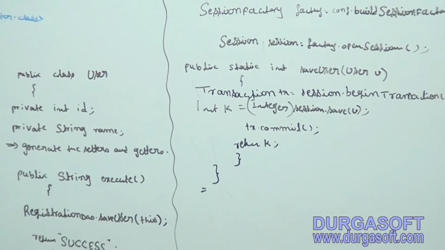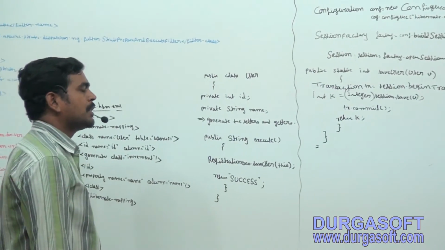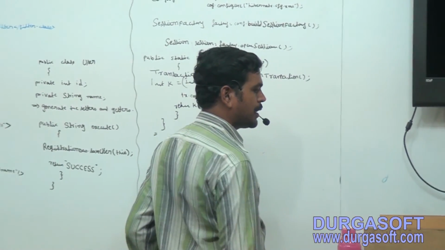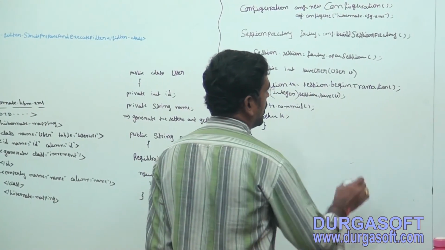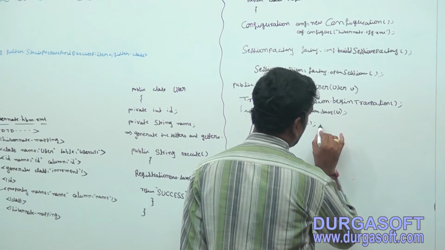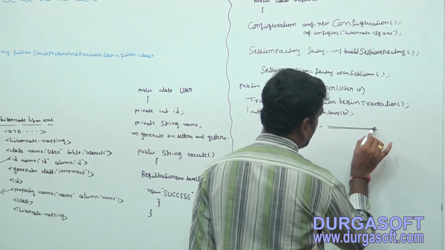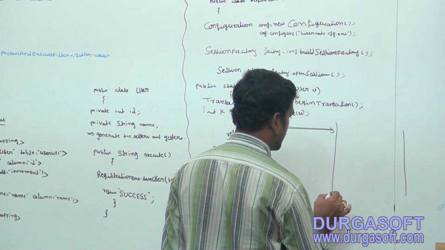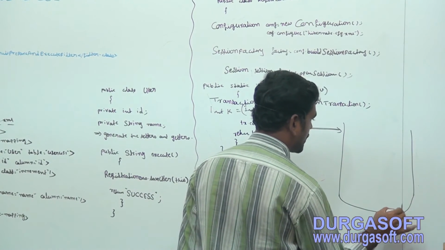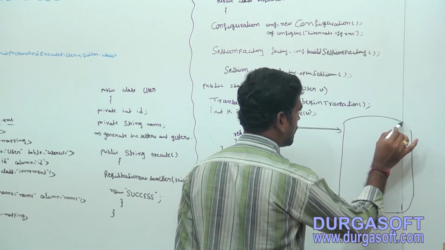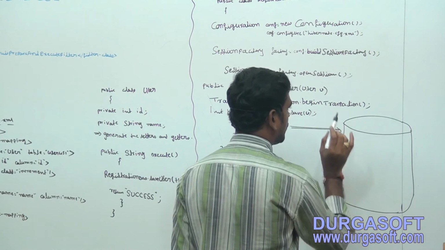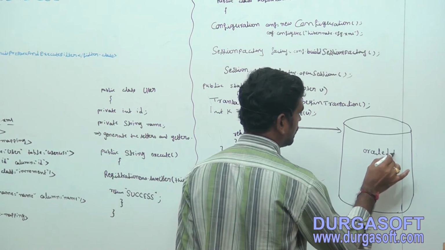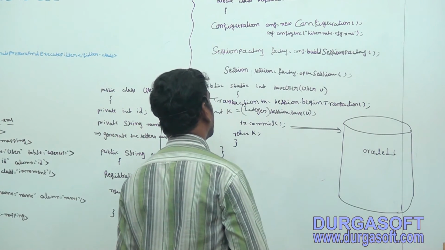This is the way to develop the DAO class. This DAO class is going to be communicating with the database, and it is going to be inserting the record into the database. This is the database, Oracle DB, right?